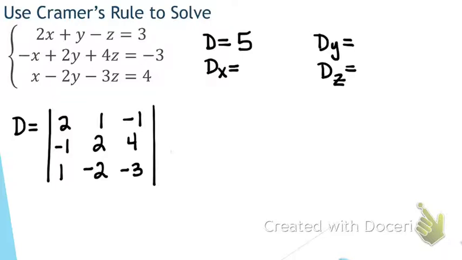So this first column is going to go away. And now I'm going to put these 3 numbers in. So go ahead and make another 3 by 3. And these are your numbers for your 3 by 3. So find your determinant for d sub x.